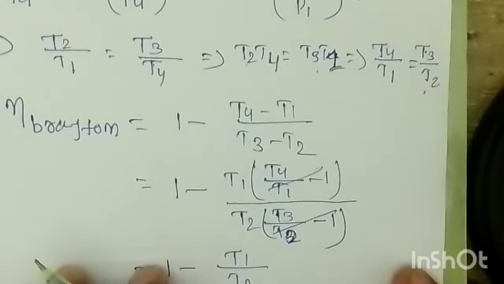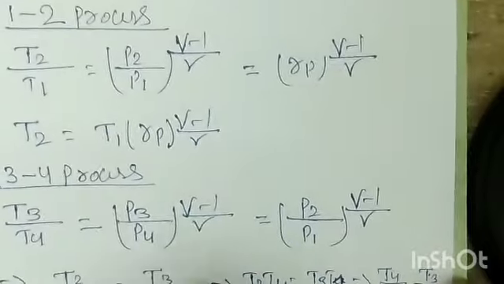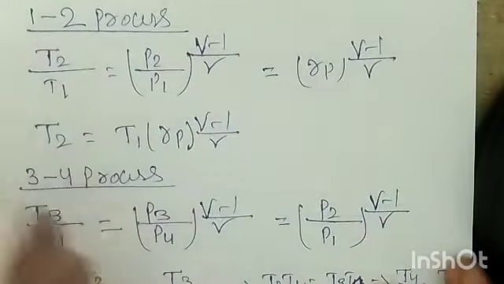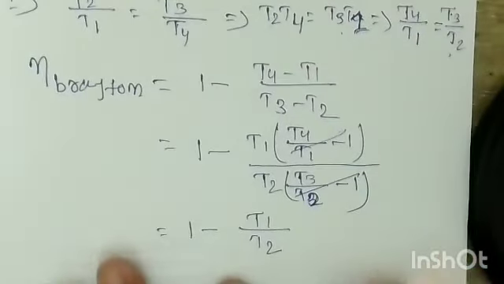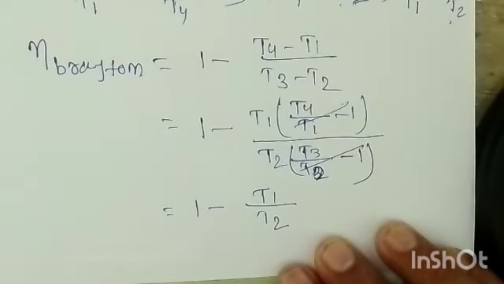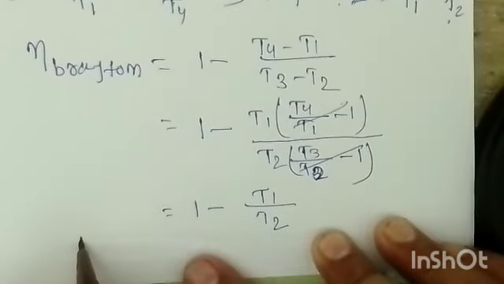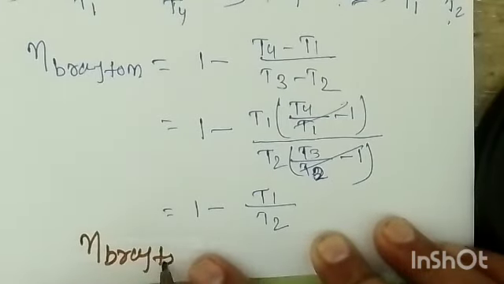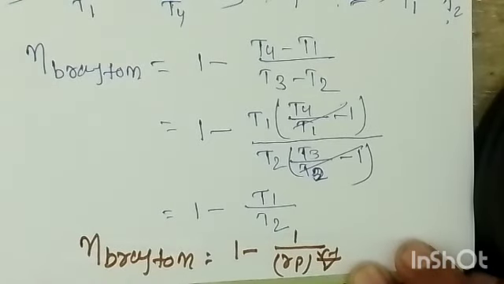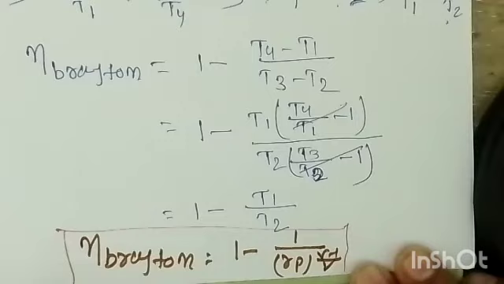We know T2 by T1 is Rp to the power gamma minus 1 by gamma, which means T1 by T2 is 1 by Rp, just reversed. So finally we can say that the efficiency of Brayton is equal to 1 minus 1 by Rp whole power gamma minus 1 by gamma. Okay, so this is how we find the efficiency of a Brayton cycle.